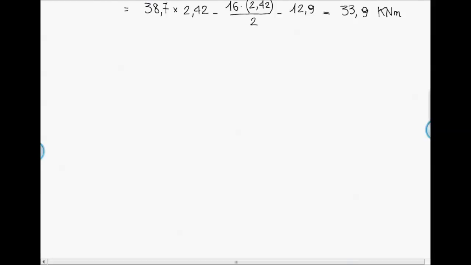Well, we can do the same for beam BC. So we consider, as before, the beam BC simply supported. We do not have any uniform distributed load, so we will consider only the bending moments MB and MC found with the Cross method at the extremities.